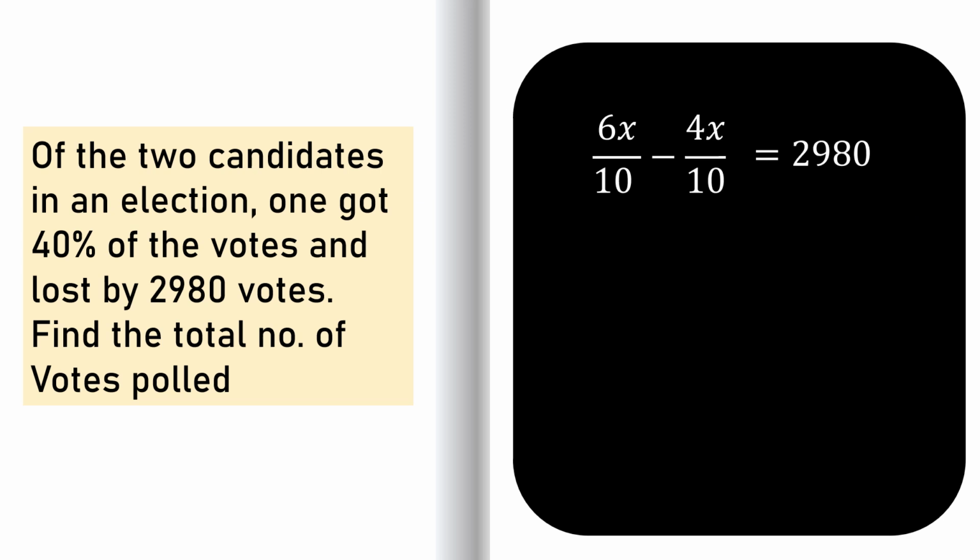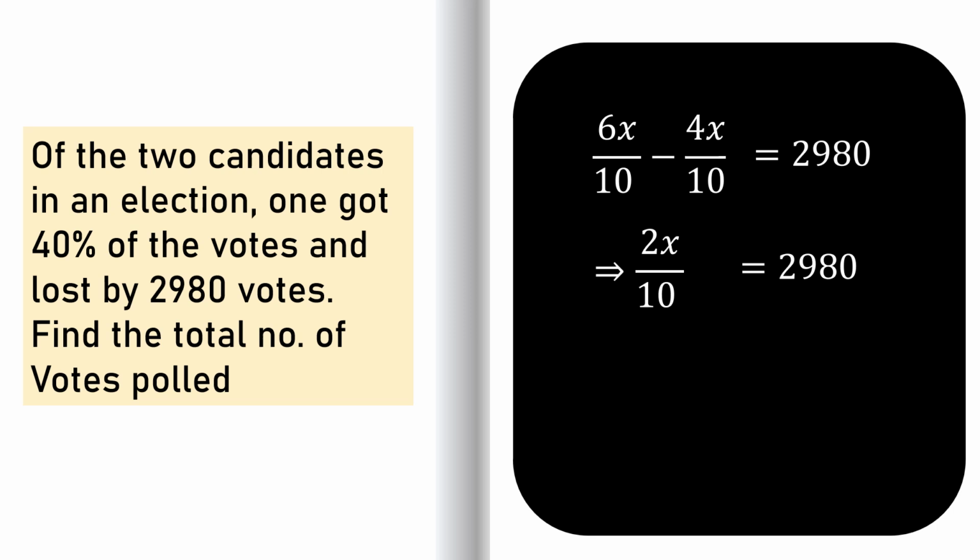Now solve the equation. How to do that? On the left-hand side, do the fraction subtraction. Like fractions, so the denominator will be 10, and the numerator will be 6x minus 4x, which is equal to 2x. Hence we get the expression 2x over 10 is equal to 2980.